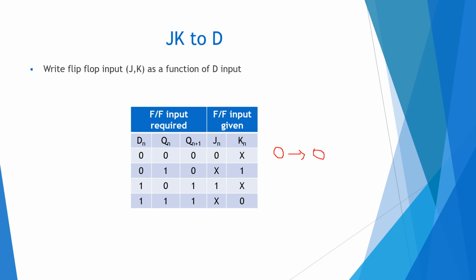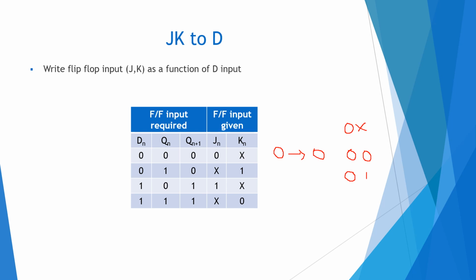When Qn changes from 0 to 0, it can be either Jn equal to 0 and Kn equal to 0, or otherwise it can be a reset condition, that is 0 and 1. These are the two conditions for Qn+1, 0 to 0. So here we can write it as 0x. This is the don't care condition, because whatever happens here has no effect. Whether this is 0 and this is x, the output of the JK flip-flop changes from 0 to 0. So here we write 0x.